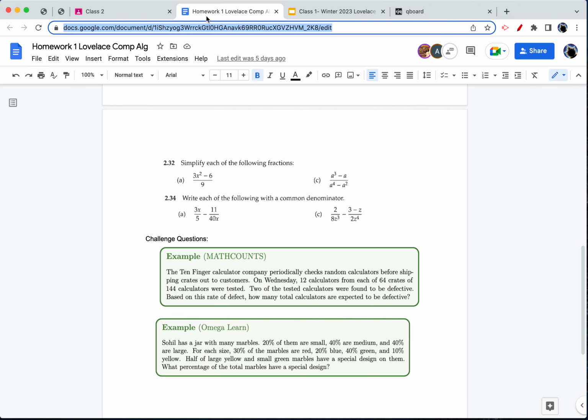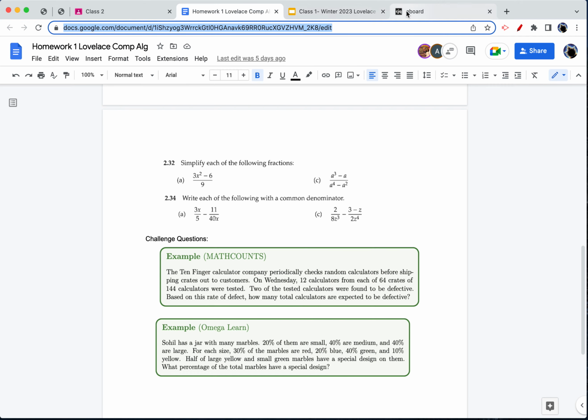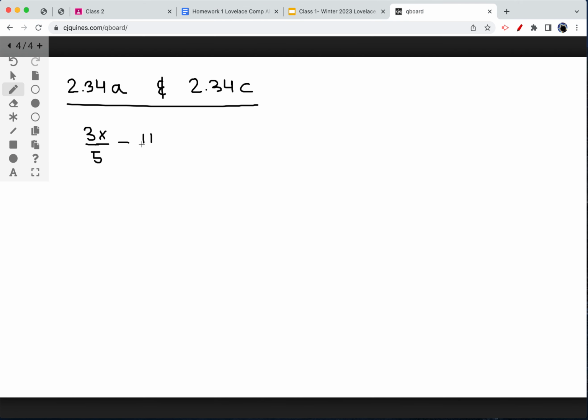So these two problems, they want us to write each of these with a common denominator. So 3x over 5 minus 11 over 40x. And they want us to write this with a common denominator.